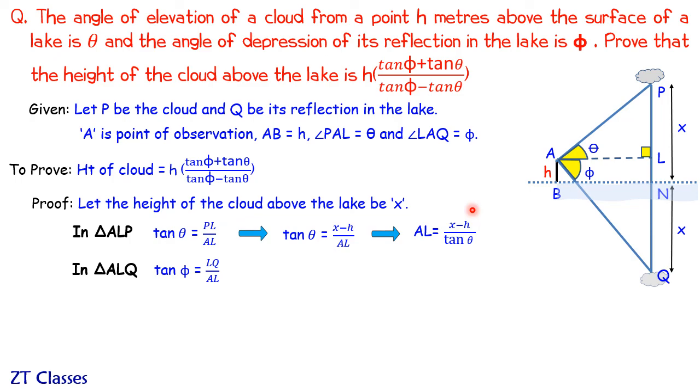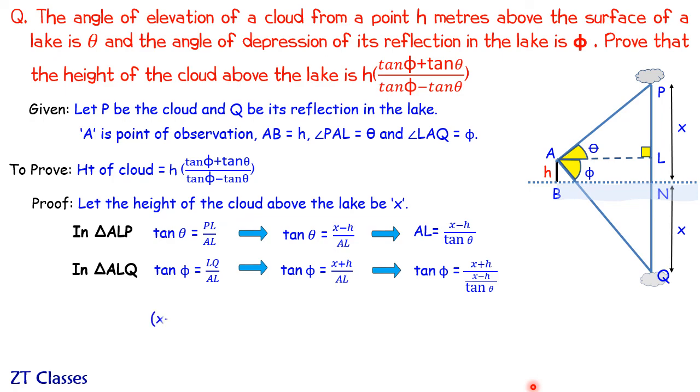Let's put the value of LQ, which is nothing but x plus h, and let's put the value of AL that we have with us. So we are getting tan phi is equal to (x plus h) upon (x minus h) upon tan theta.